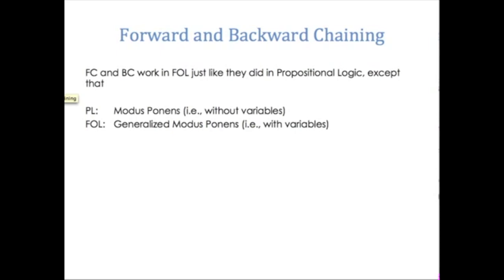The two main concepts I want you to take out of this section are forward and backward chaining. Now we've seen these already, and I want to show how forward and backward chaining work in first order logic just like they did in propositional logic, except that propositional logic is going to use modus ponens, that is without variables, and first order logic is going to use our generalized modus ponens, that is with variables.